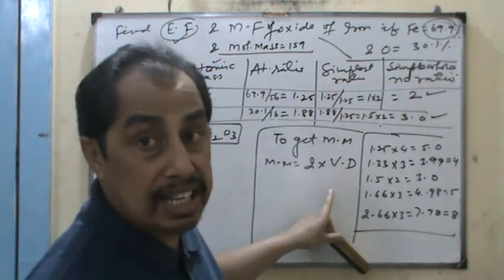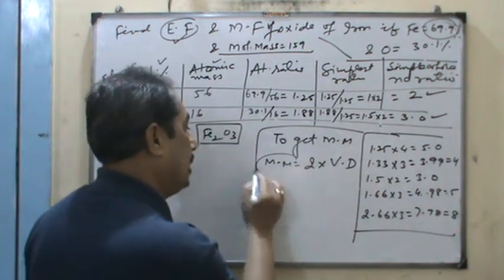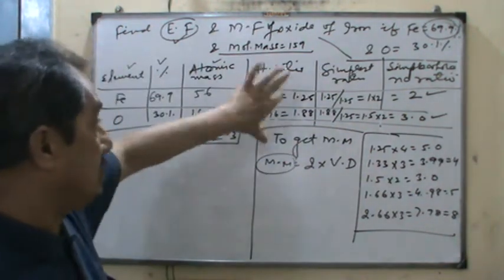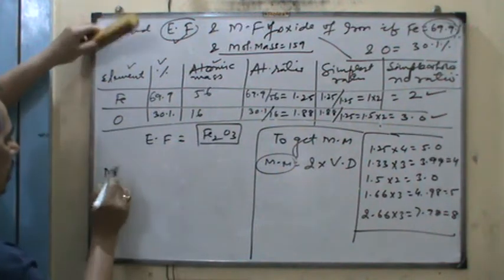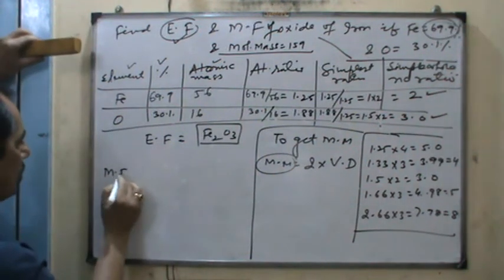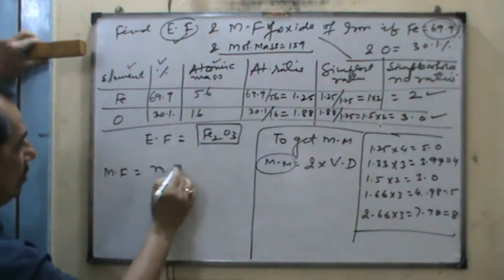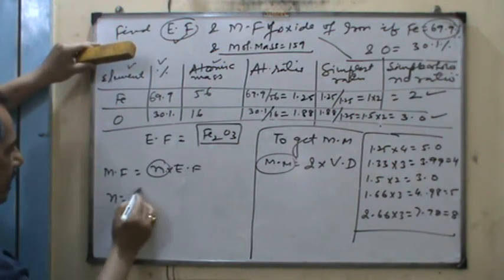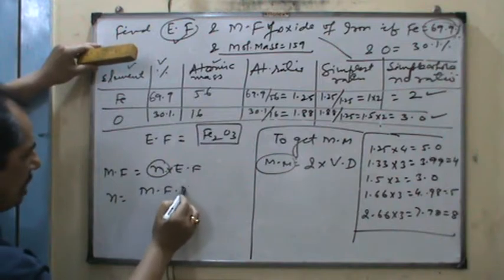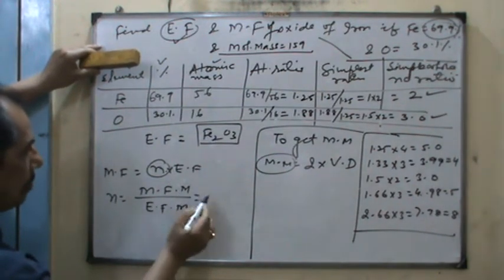Whatever the vapor density given, multiply 2 into vapor density, you will get the molar mass. Why is molar mass supposed to be given? Because molecular formula is equal to n into empirical formula. So if you want to get the value of n, it is the molecular formula mass upon empirical formula mass.